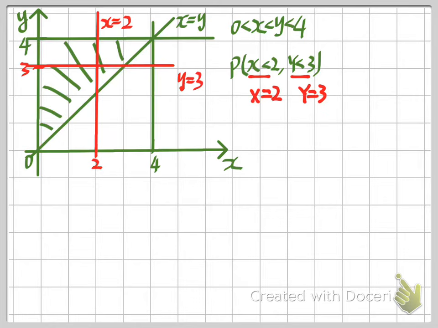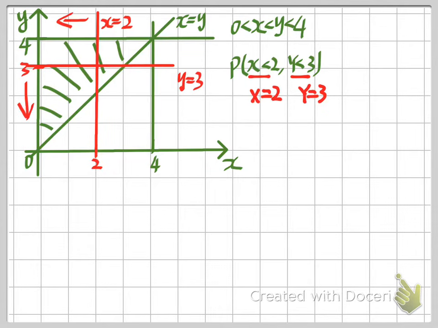For this question, they want x smaller than 2, right? So what does this mean? It means we want the left part of the vertical line x equals 2. And for y smaller than 3, we want the lower part of the horizontal red line y equals 3.